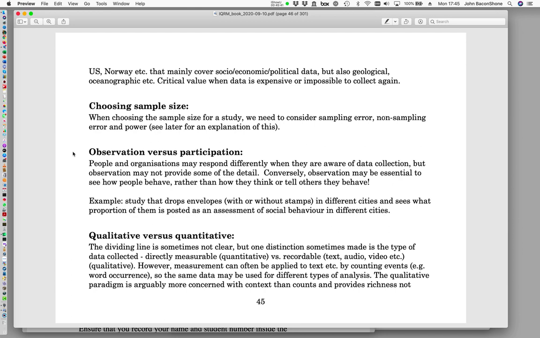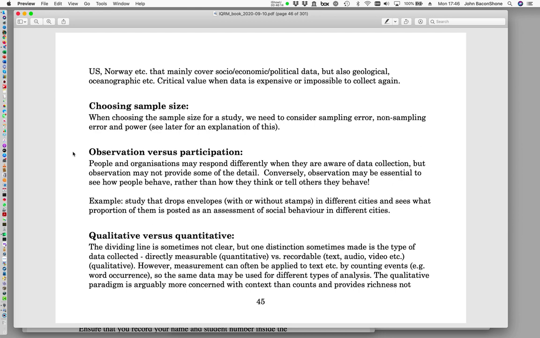Well, that doesn't work in Hong Kong, because in Hong Kong, if there's an envelope in the post box without a stamp, the post office still delivers it, but they just charge the person who receives the letter for the post. Okay, so it doesn't work. But at least it used to be a way of testing social behavior. Clearly it doesn't work anymore now, because so few people mail letters, right? So that's an example of the sorts of thing, trying to understand how people actually behave rather than how they say they're going to behave.